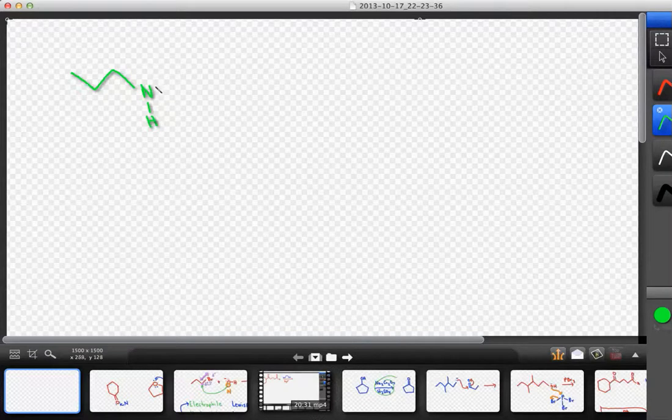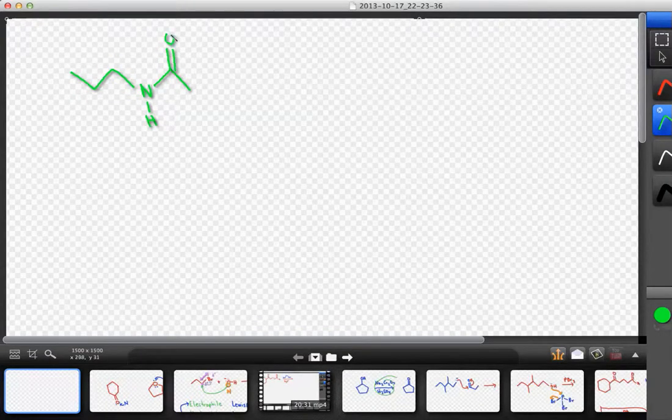This will be a good time to review some IUPAC nomenclature. N-propyl ethanamide.